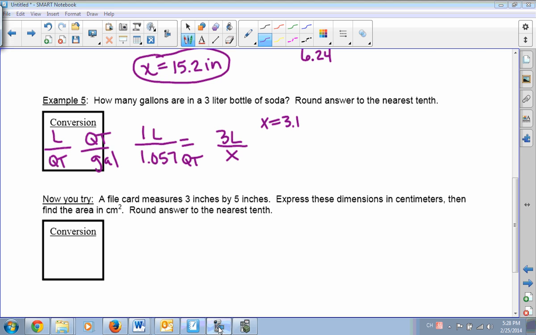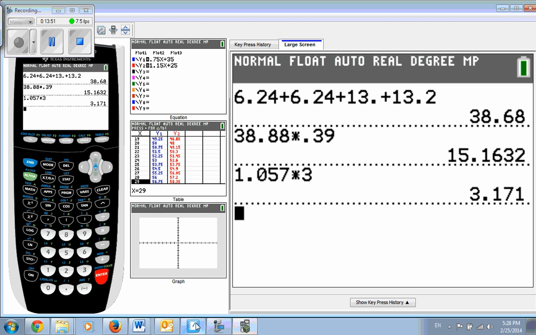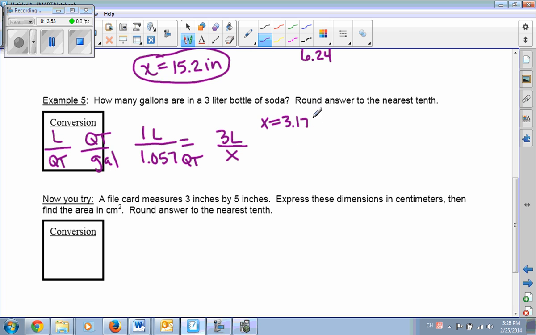3.171 quarts. Okay, and then we need to take quarts and change it to gallons. We know that there are 4 quarts in 1 gallon, and we have 3.171 quarts. We need to figure out how many gallons that is.